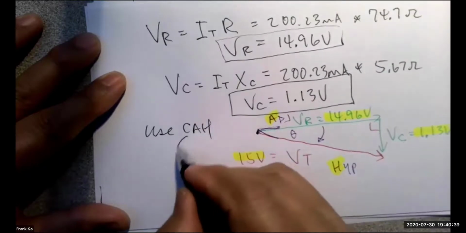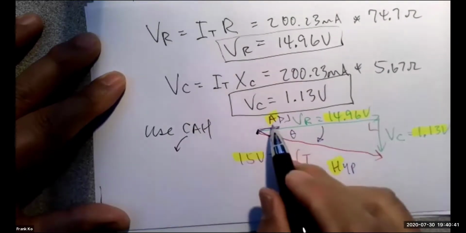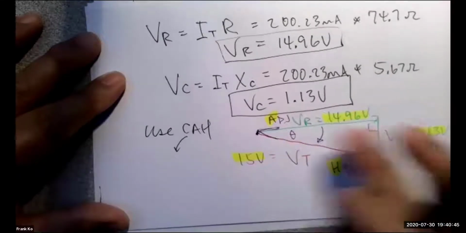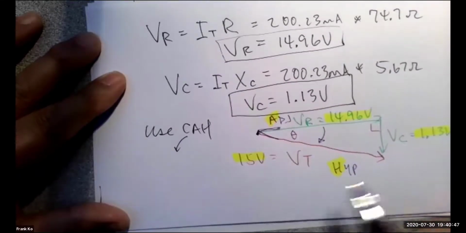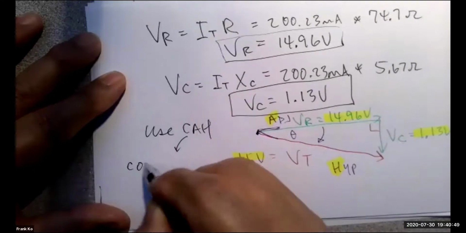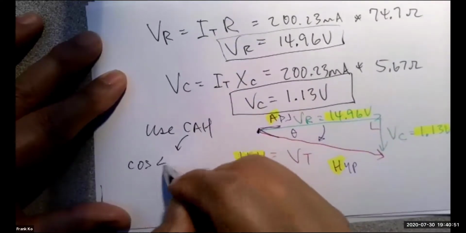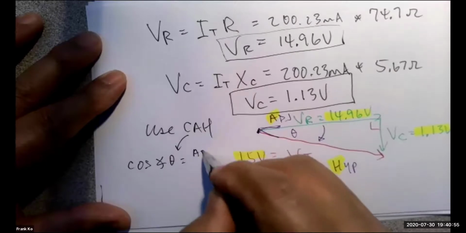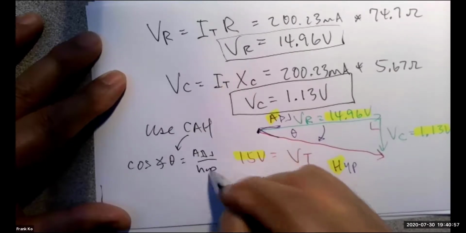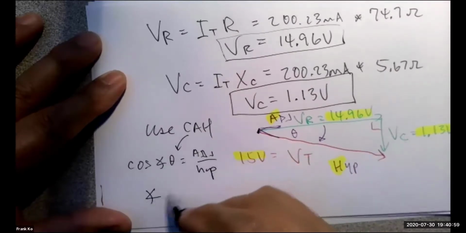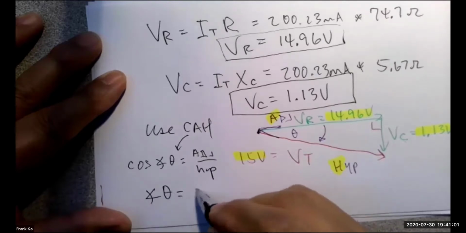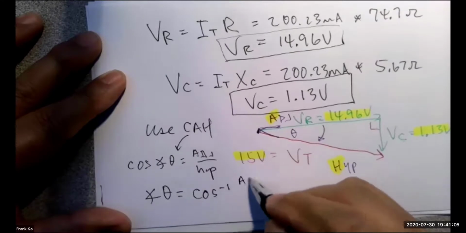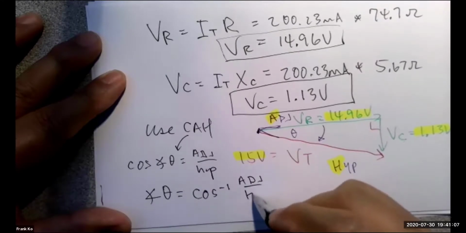And if we're going to use CAH, why CAH? Because I have an A and an H, because these are the two sides. We could use any of the sides, but these are the two that your classmate picked. So cosine angle theta is equal to the A over the H, adjacent over hypotenuse. Angle of theta is inverse cosine of adjacent over hypotenuse.